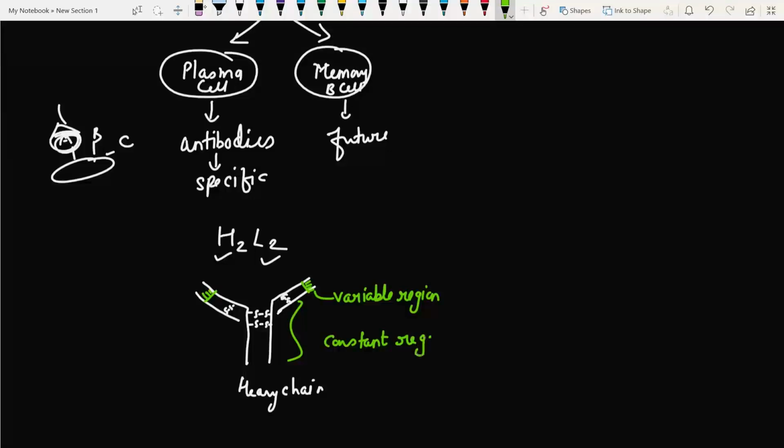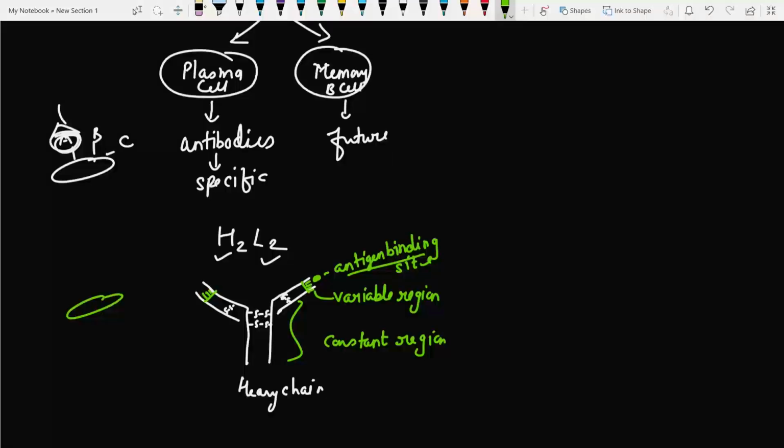But this variable region is actually the reason for binding the antigen. Basically, it is the antigen binding site. Okay, this is the antigen binding site.